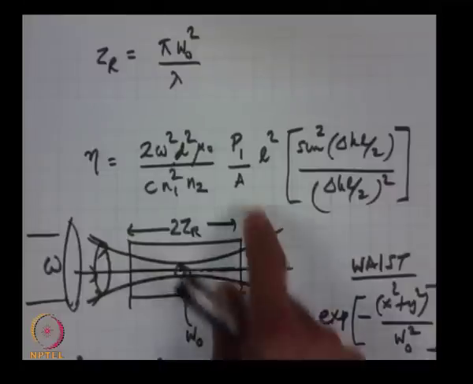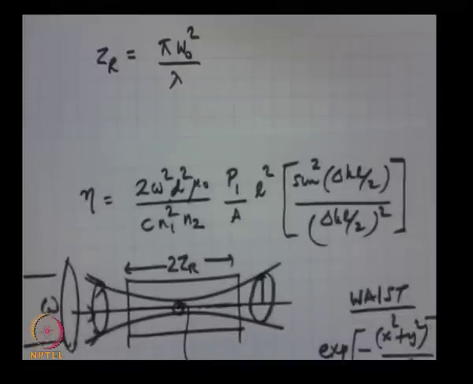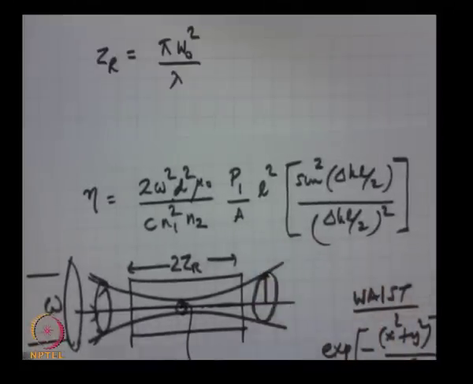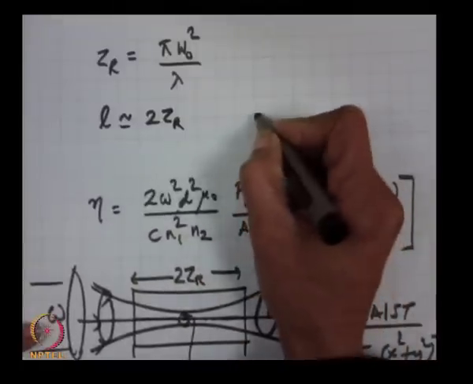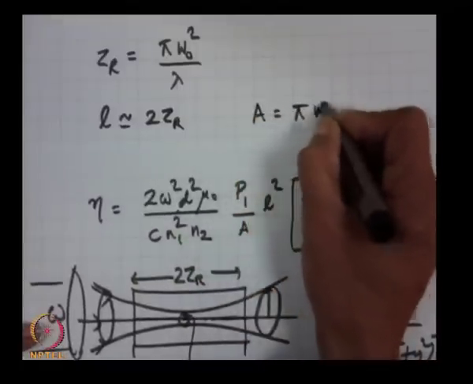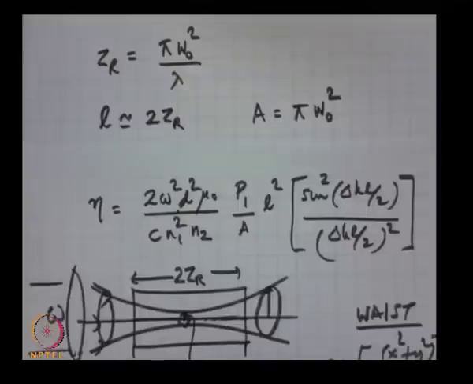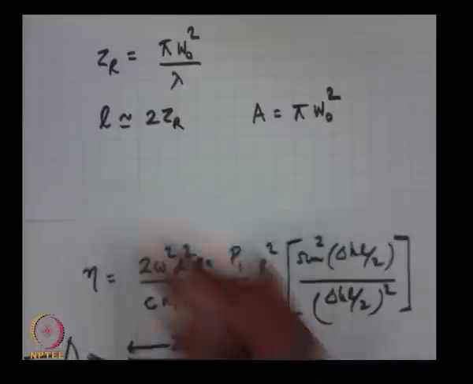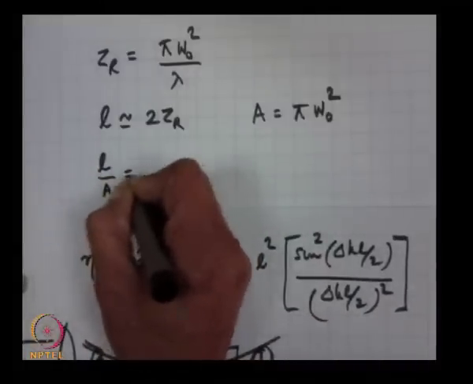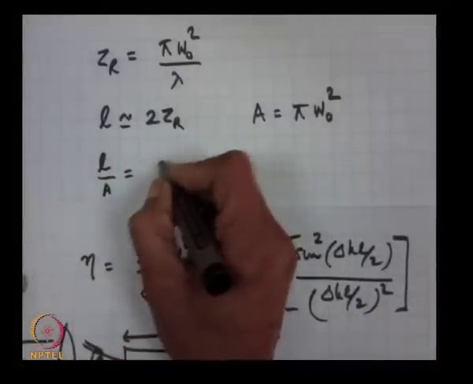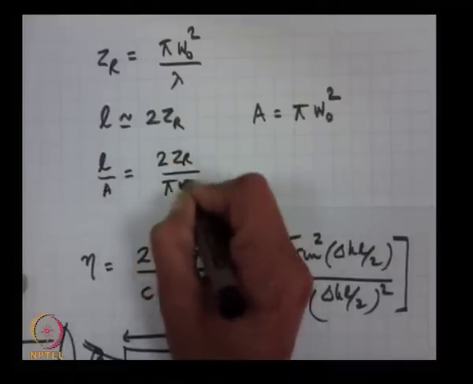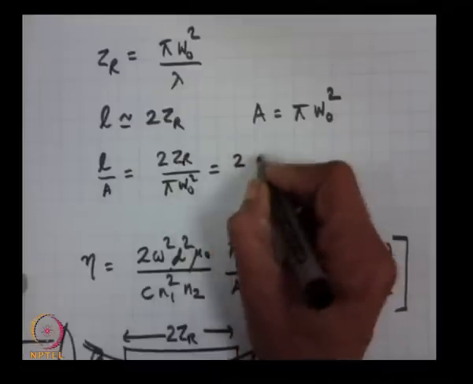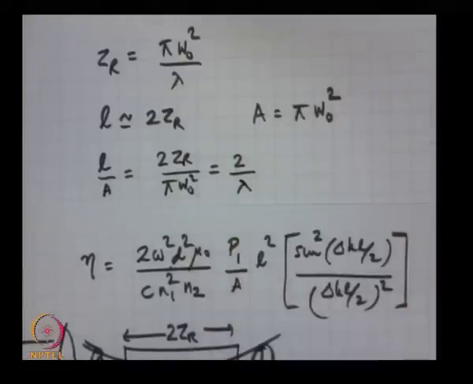So I can use this equation, approximating that L is 2 times ZR. The length of interaction can be assumed to be 2 times ZR, and the area of cross section A is equal to pi W0 square. So this quantity L by A, which appears in this equation, becomes L is 2 ZR, A is pi W0 square, which is equal to 2 by lambda, because of this equation here: ZR is pi W0 square by lambda.